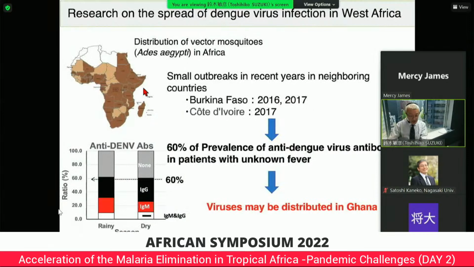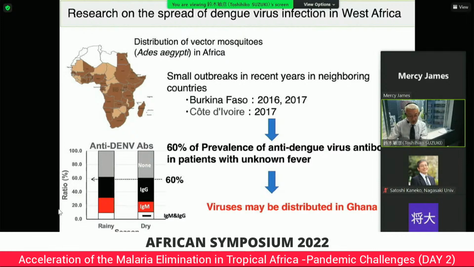Aedes aegypti, the vector mosquito of dengue virus, is widely distributed in many African countries. In West Africa, recently there have been small outbreaks in Burkina Faso and Cote d'Ivoire, but no occurrence in Ghana. We wonder why there is no outbreak in Ghana.